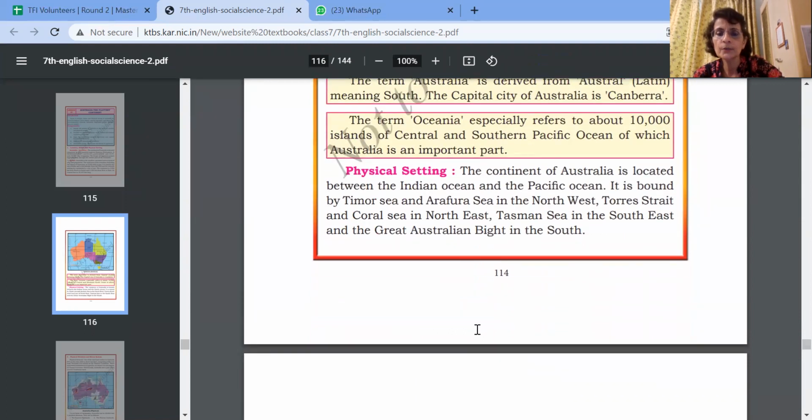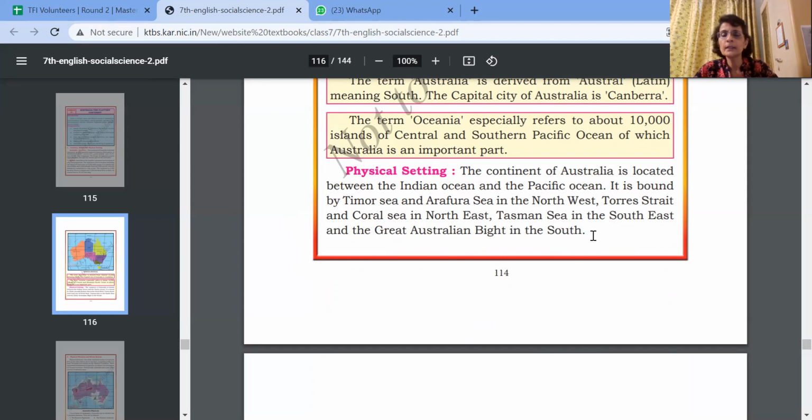So you need to just mark off all these points. So the continent of Australia is located between the Indian Ocean and the Pacific Ocean. It is bound by the Timor Sea and Arafura Sea in the northwest, Torres Strait and Coral Sea in the northeast, Tasman Sea in the southeast, and the Great Australian Bight in the south.